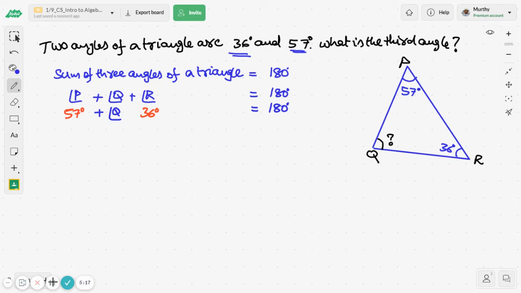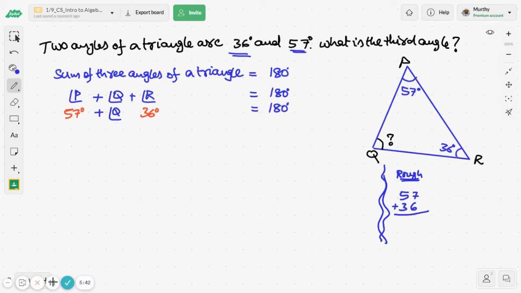And I know that you combined these two. I mean to say that you added these two. I don't want my main calculation to be disturbed, so I'm making some space for the calculations, which is 57 plus 36.